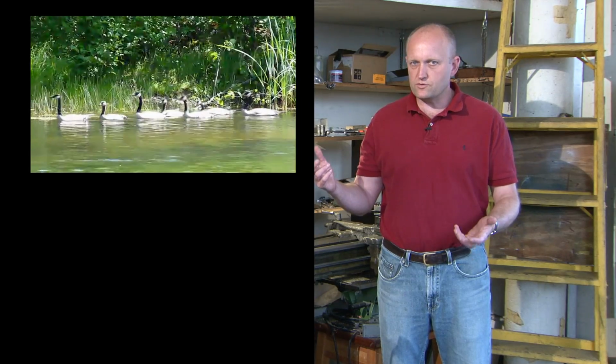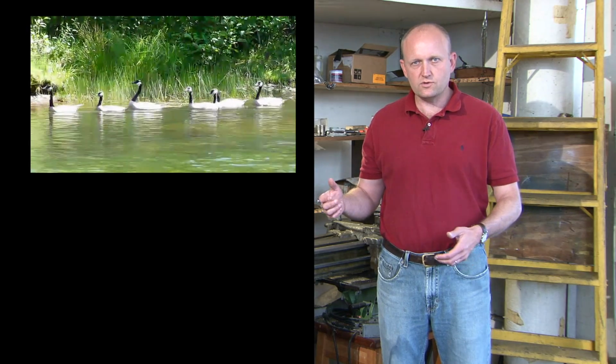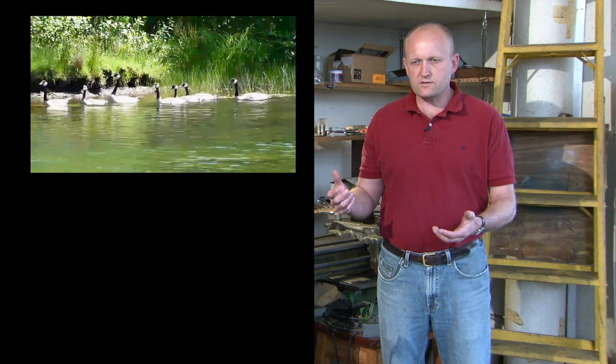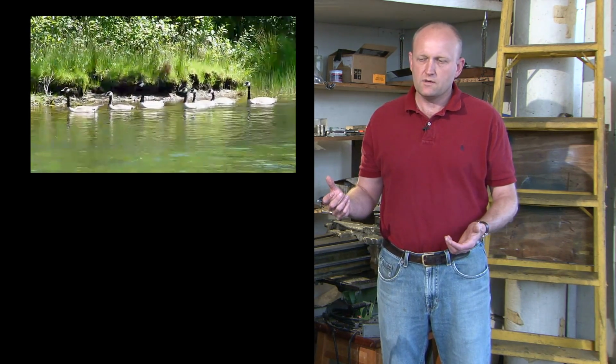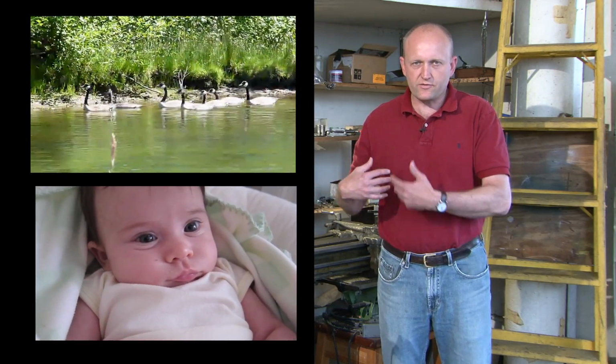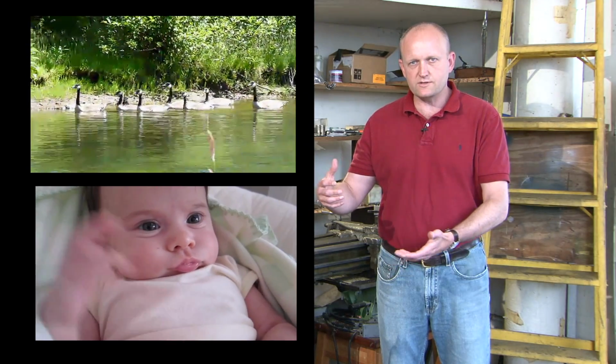For example, a Goose, how much does that weigh? Well, it's hard to know exactly. You could Google it. But the way I like to think about it is, how does a Goose compare to something I know? Maybe I know what an infant baby weighs because I'm a father. So I think a Goose and an infant are about similar in size.